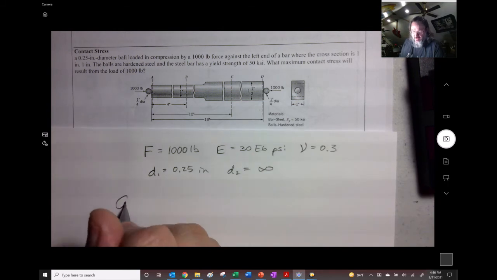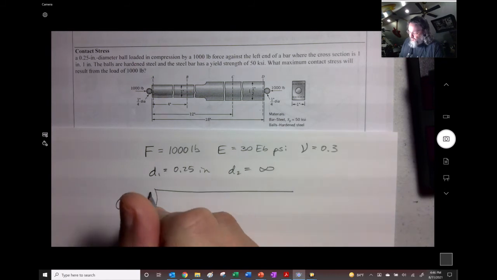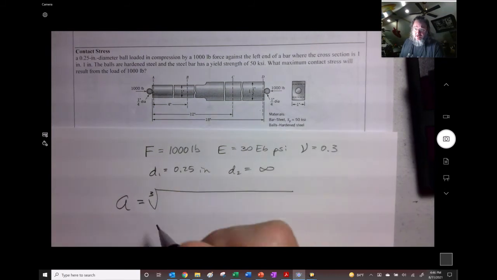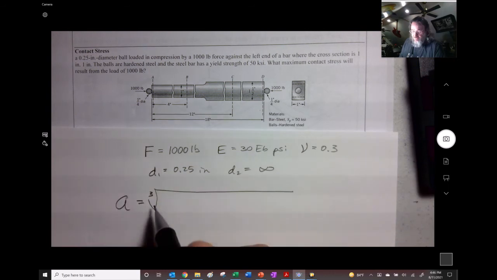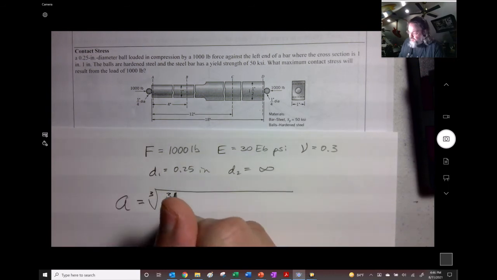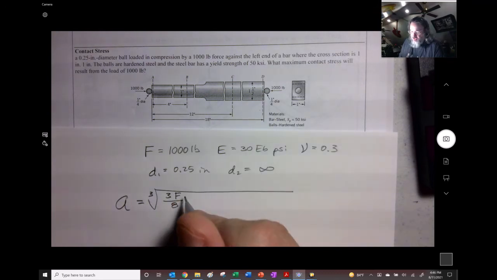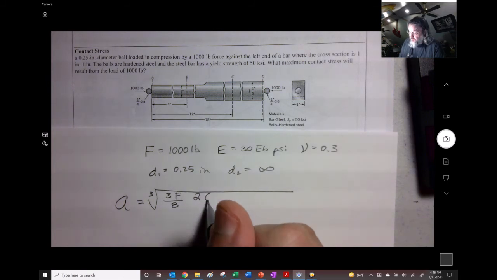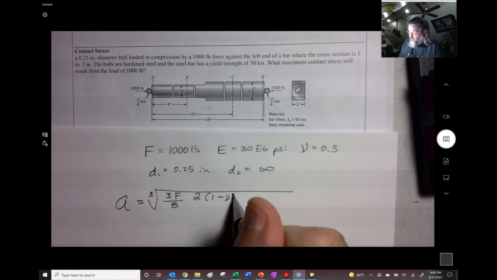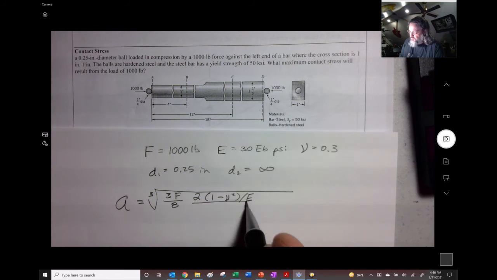So I go ahead and use my equation for the radius of the interface. This is 1/2 of the diameter, and the equation is 3F over 8, and since both are the same material, I'm just going to put a 2 there and say (1 minus nu squared) divided by E. Otherwise there would be a separate term for each if they were different materials.